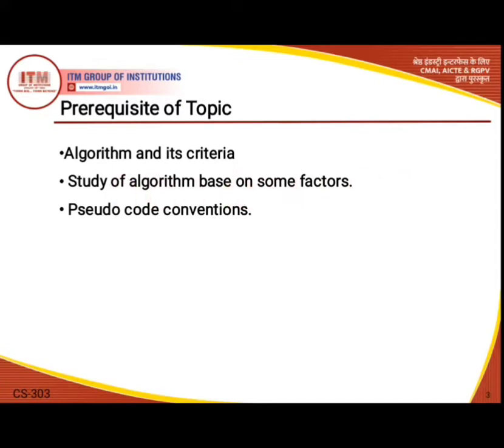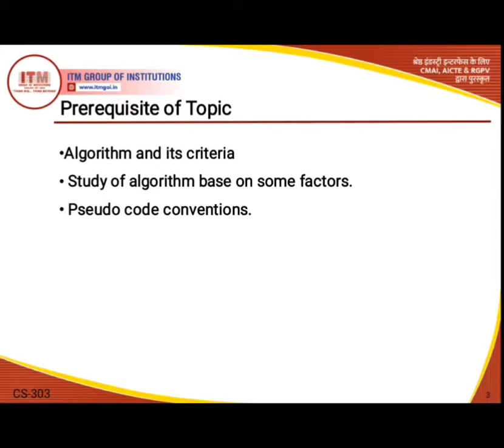So you should have knowledge about these characteristics, like input, output, finiteness, feasibility, independency and unambiguousness.